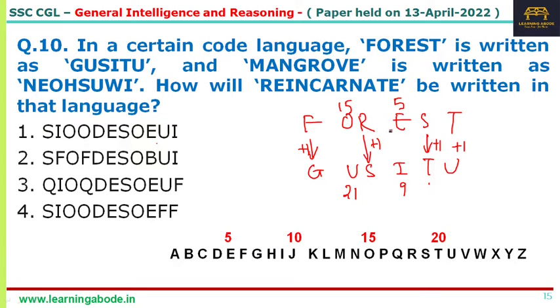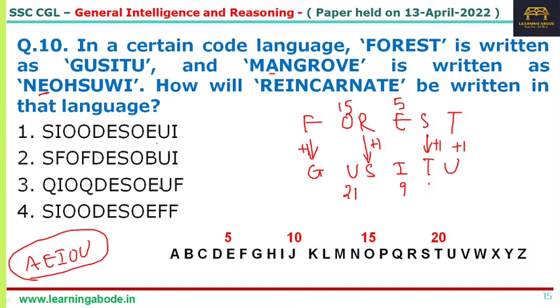But the logic is this. If you look at mangrove also, M, next letter is N, A, next is B, but they're not going for B, they're going for E. So they're considering the vowels separately, A, E, I, O, U. If you get a vowel, they're choosing the next vowel.